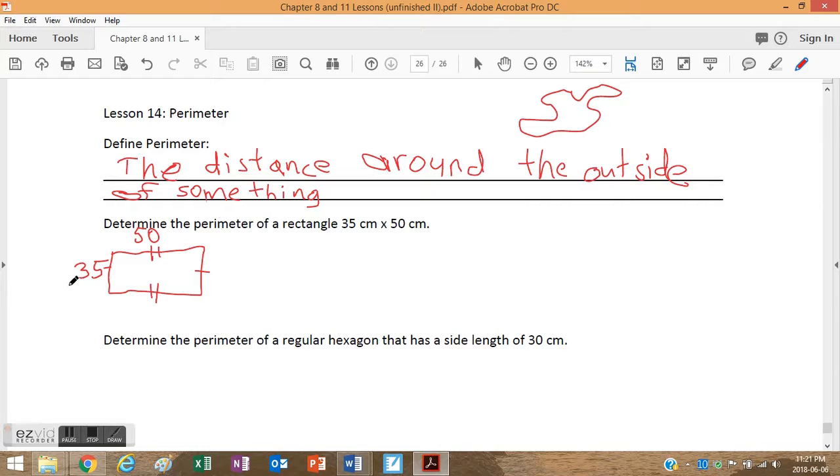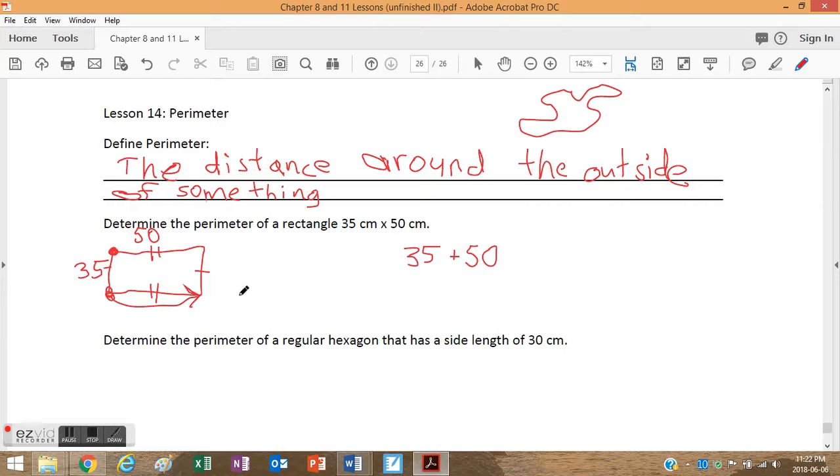Now, if we want the distance around the outside of something, one way to do that would be to imagine we start walking right here. We're going to go around the outside. So we can go this way. We go 35. So we've gone 35 centimeters. Come to this corner. We're going to now go all the way across over to this corner. And that's another 50 centimeters.